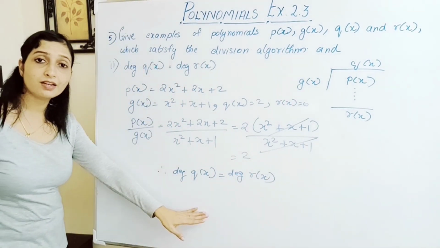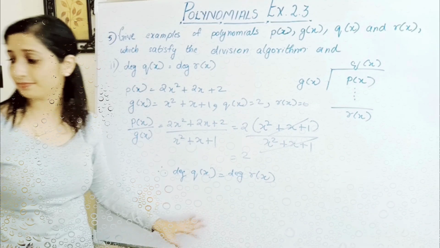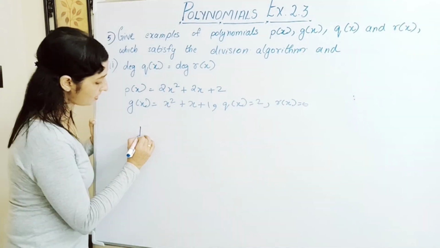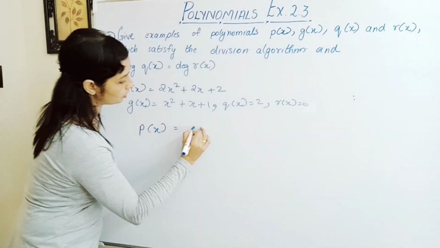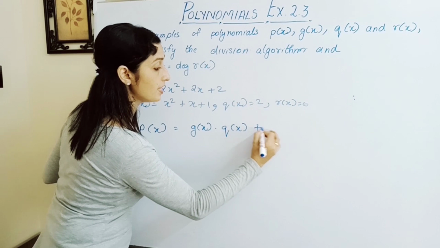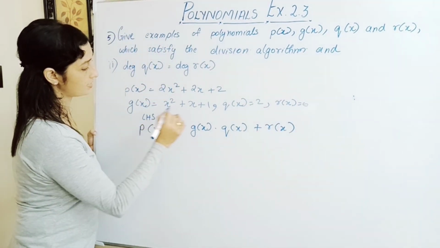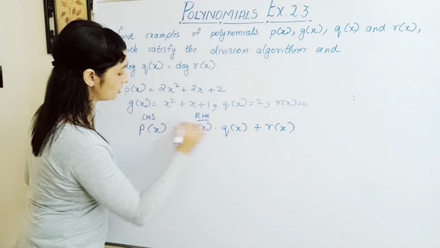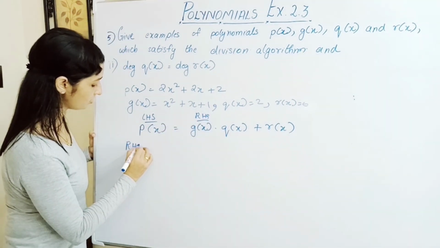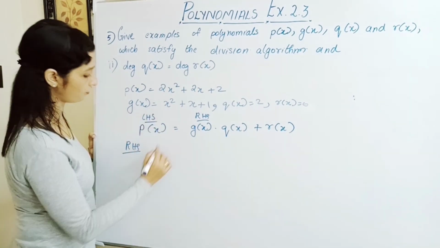Now our next part is to check the division algorithm. So let's check the division algorithm. So the division algorithm is p of x is equal to g of x into q of x plus r of x. Now let us put it as LHS and RHS. So let's take the RHS. What is our RHS? G of x. What is our g of x?